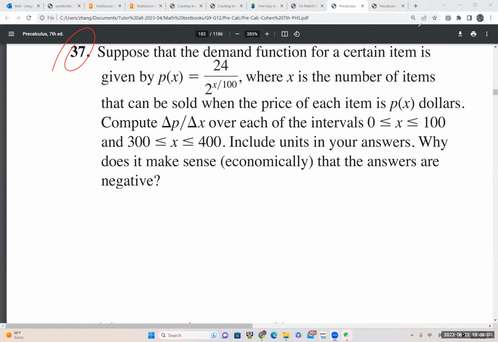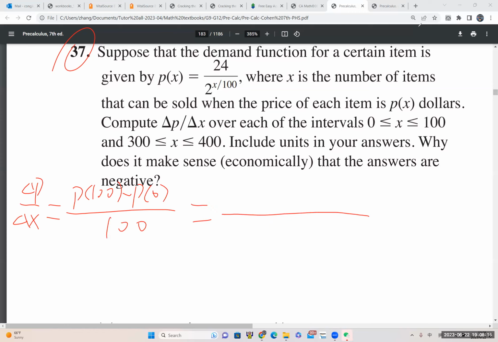So delta P over delta X is equal to P of 100 minus P of 0, over 100, right? So keep going.